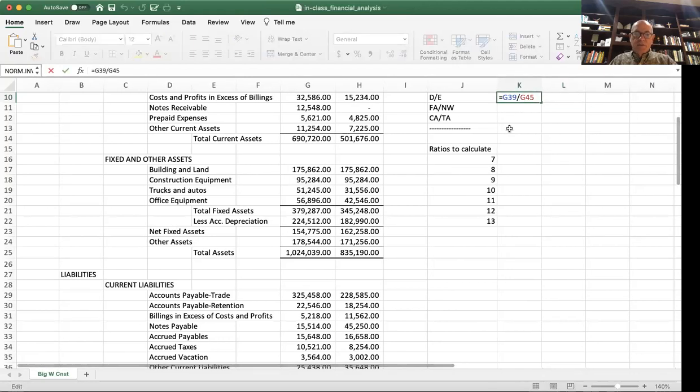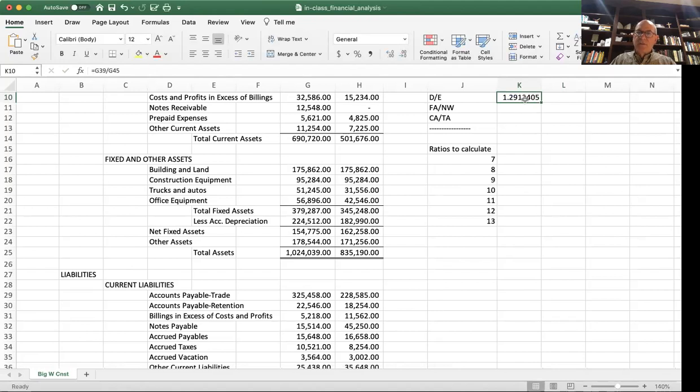And there it is. There's a formula for us. And we don't want to see that many decimal places. So 1.29 is the debt to equity ratio.